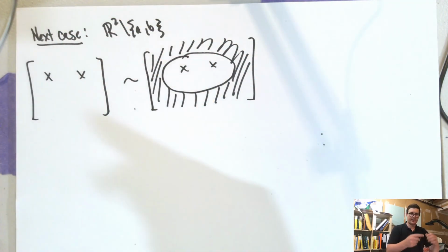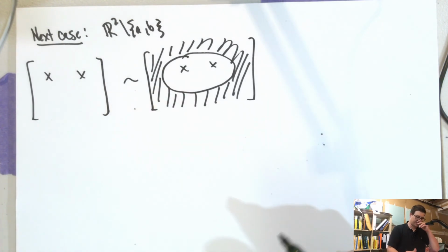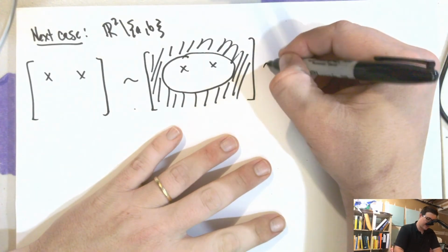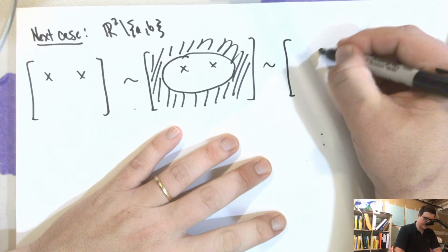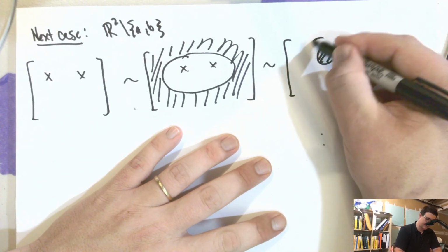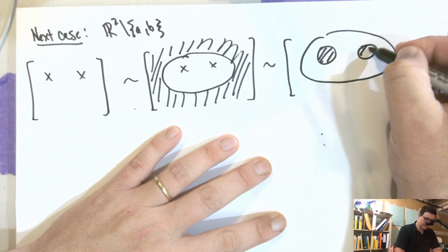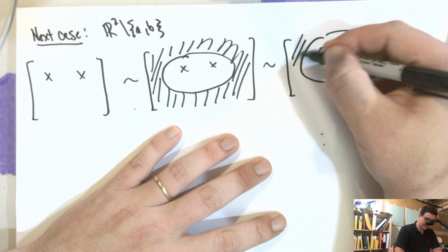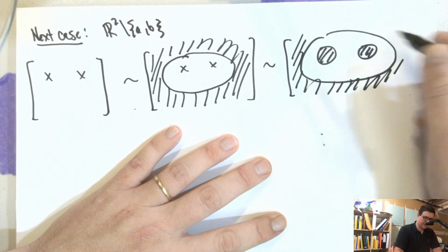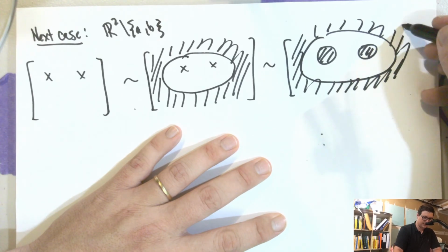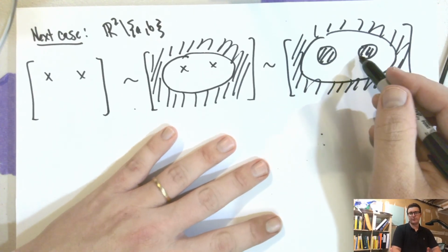I kind of reel them in so that they're within a certain size. And again, we can now remove the two disks like this. So this thing's equivalent to something like this. So we just have a disk with two disks removed in it.